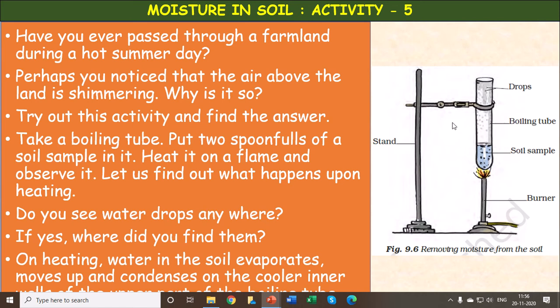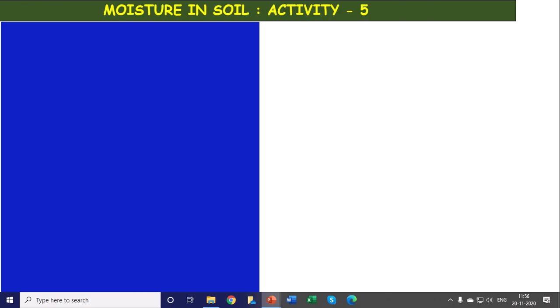So the soil sample we have taken and we heated it. When we heat it, the water present in that soil sample gets evaporated and accumulates in the form of droplets, vapor. Next, on a hot summer day, the same thing happens.